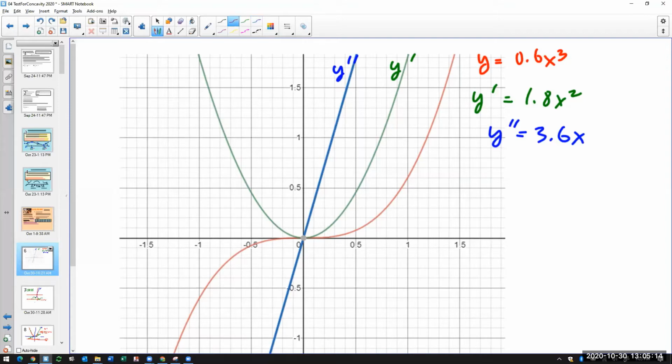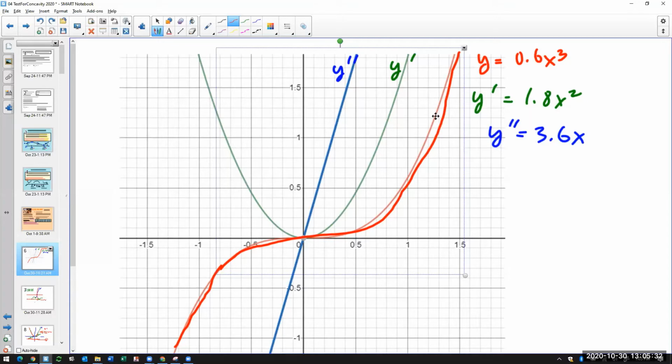Okay, so first of all, I'm just going to trace this function right here. This is y. Okay, so this is y right here. I'm going to take y, and I'm going to make everything else disappear. The reason is because on your test, I'm only going to give you one thing.